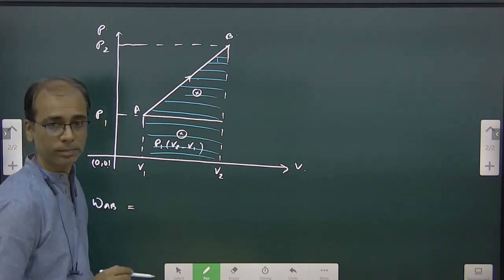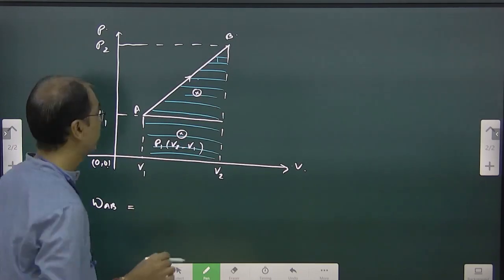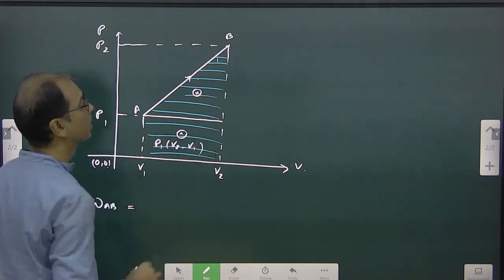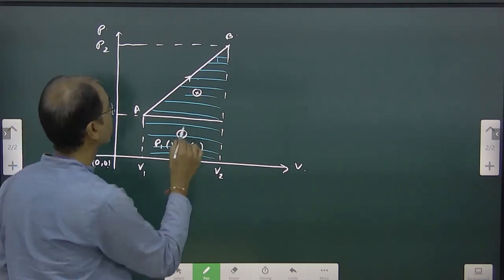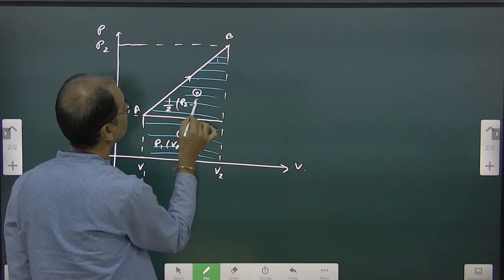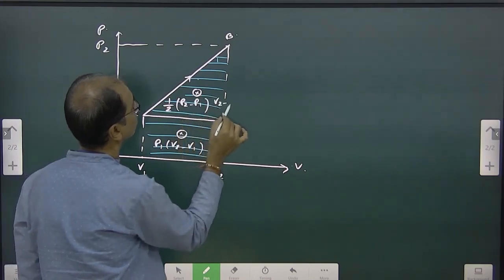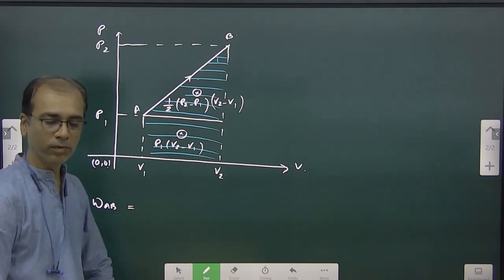Now the triangle is half base into height. The base is V2 minus V1 and the height is P2 minus P1. So its area is half P2 minus P1 into V2 minus V1. We have found the areas of both.